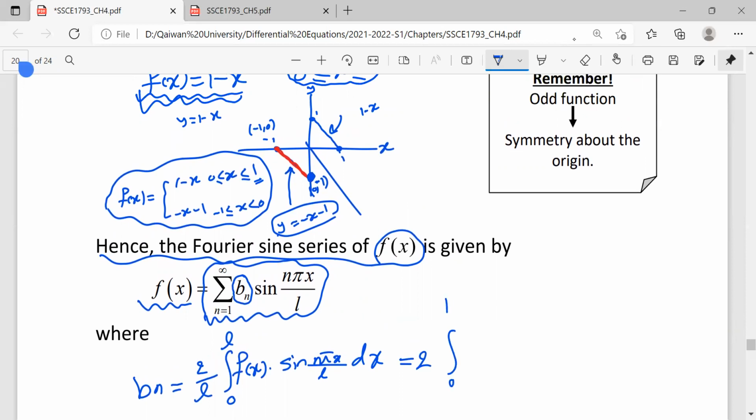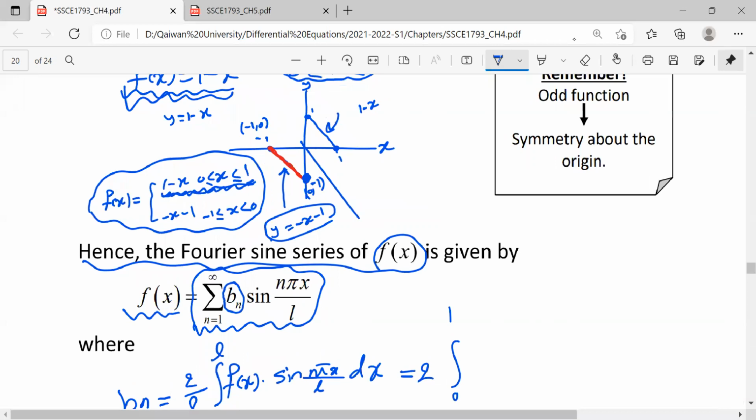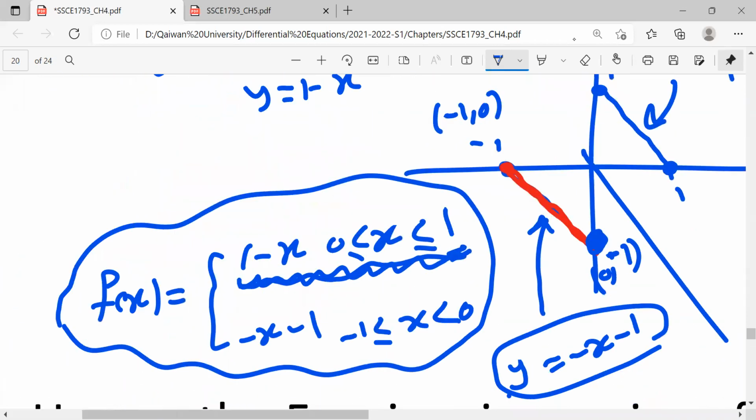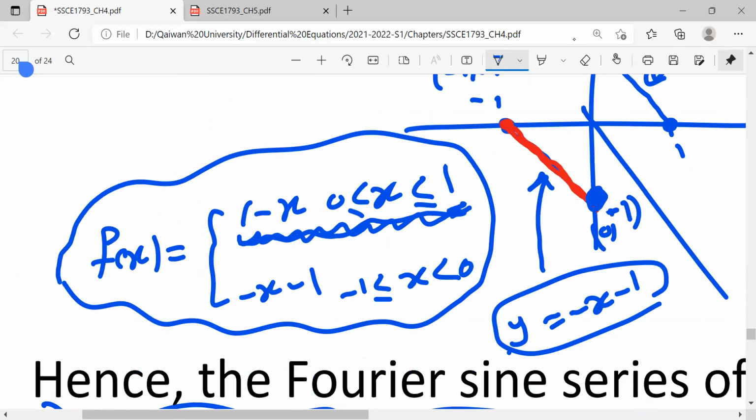For f of x, what's the function from 0 to 1? It's this part. As you see in the piecewise function, the function for the part from 0 to 1 is 1 minus x.